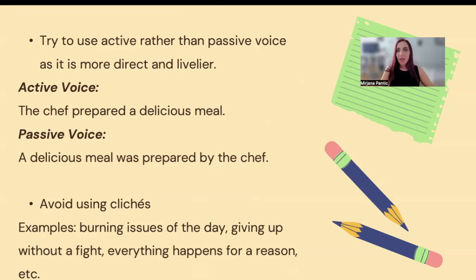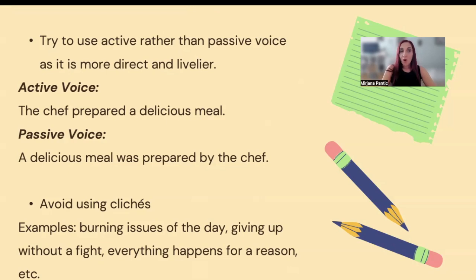Another important thing is avoiding cliches. Why do you need to avoid this? Because we heard them so many times. It's a little annoying. So why do we need to have them in sentences? It's unnecessary.